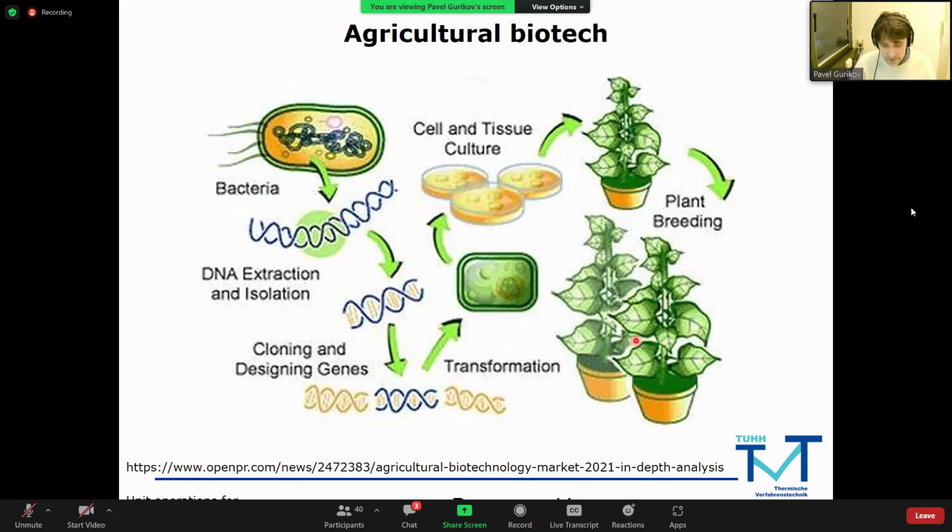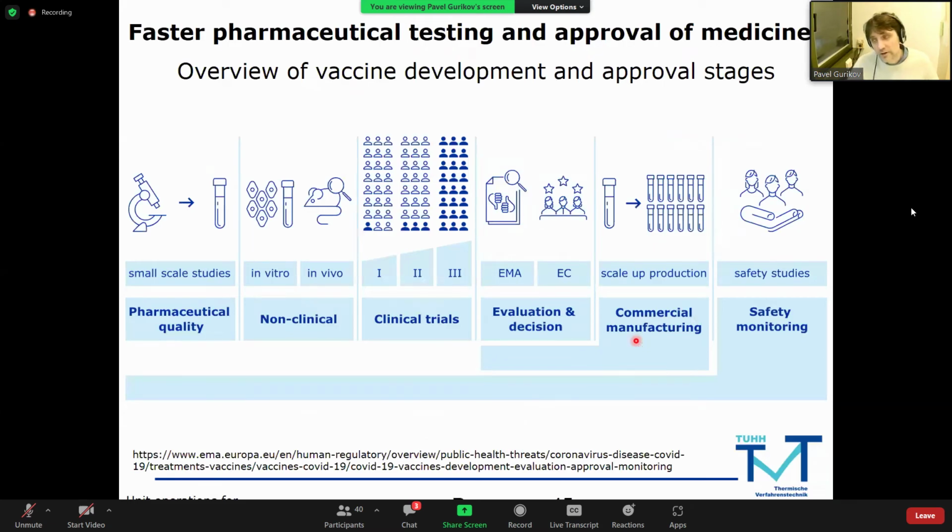But that's again a little bit of political discussion, which we are not going to enter. The third thing which this Forbes article mentions is extremely important. This is fast pharmaceutical testing and approval of medicine.